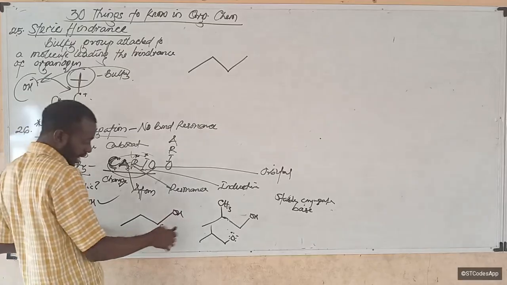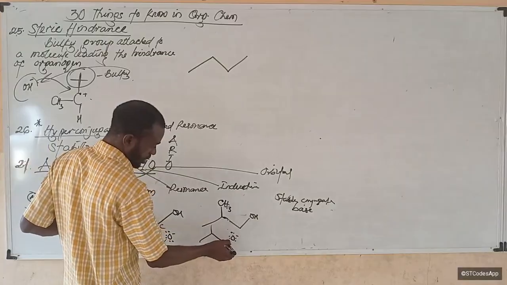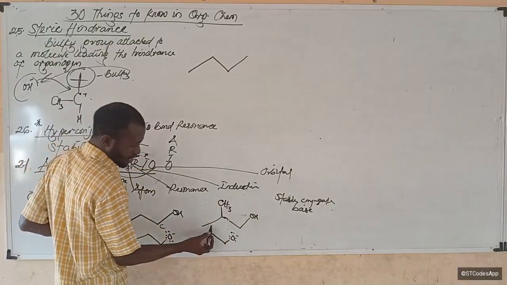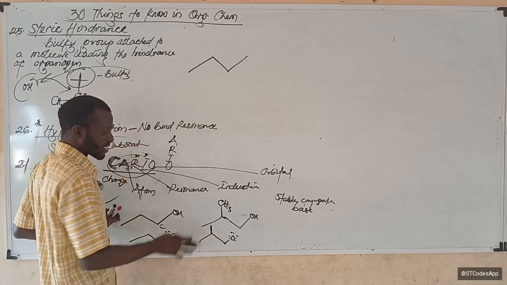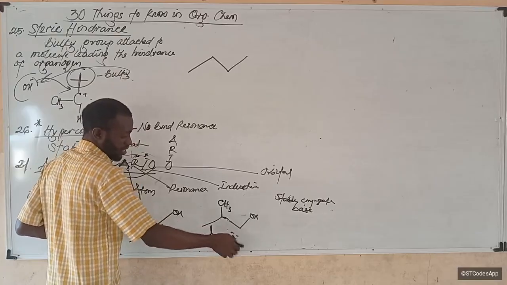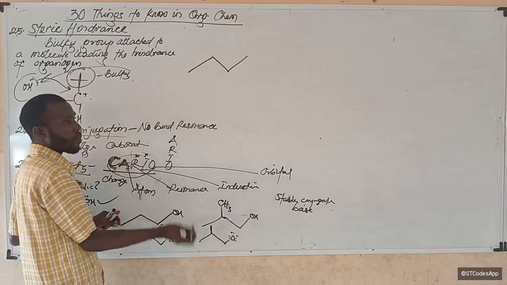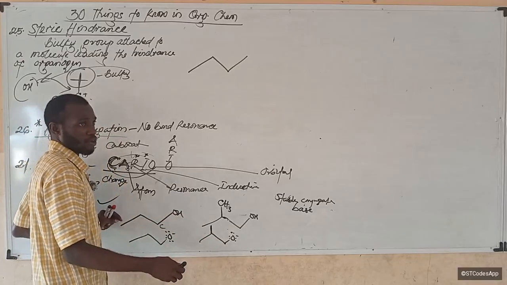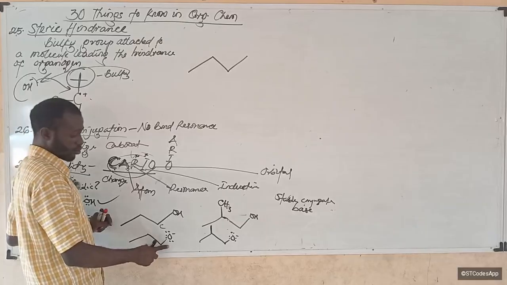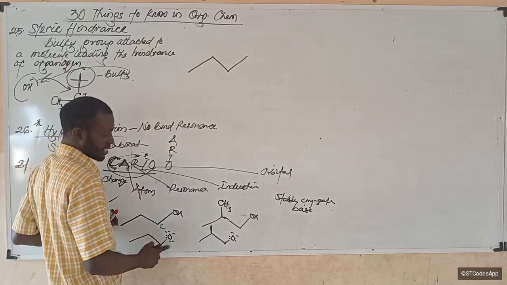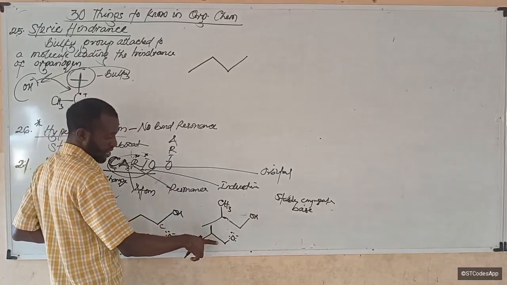But this one is already donating, and it is attached to another group that is an electron donating group. As it is an electron donating group, this one is also an electron donating group. Because of the positive I effect, this one will be more electronegative. This one will be more acidic than this one because of the positive I effect.